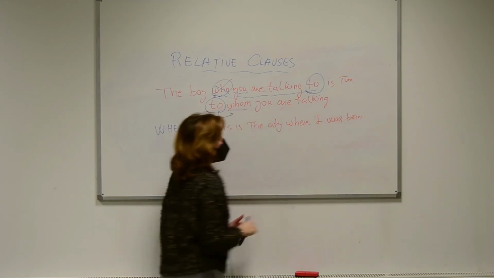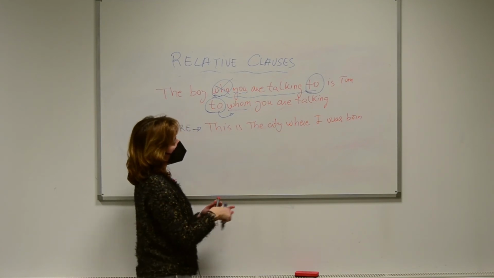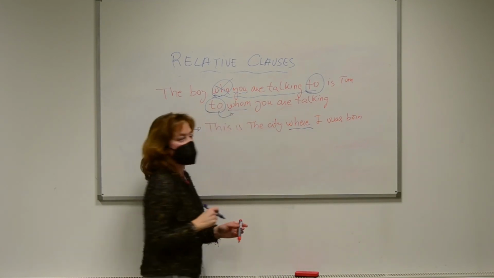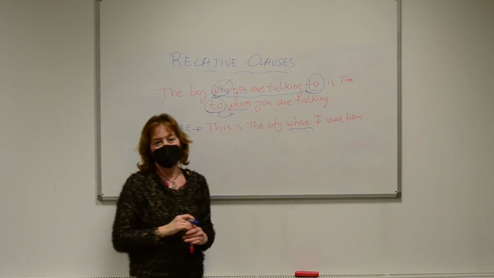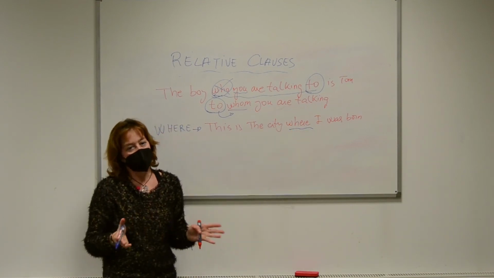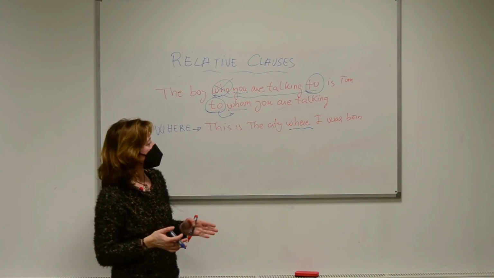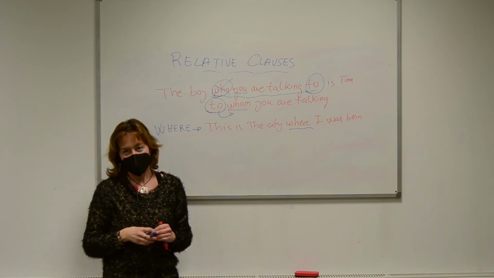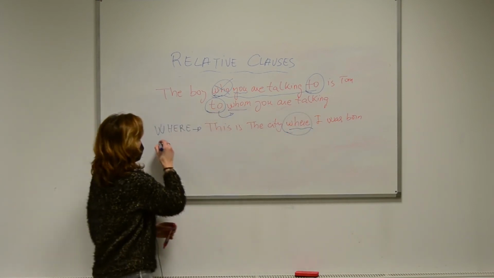In this case, we don't have who or which, we use another relative pronoun, which is where. It means donde. This is the city, esta es la ciudad donde nací, where I was born. In this case, the relative sentence cannot be omitted because it gives us information that is completely necessary. Where is commonly used.